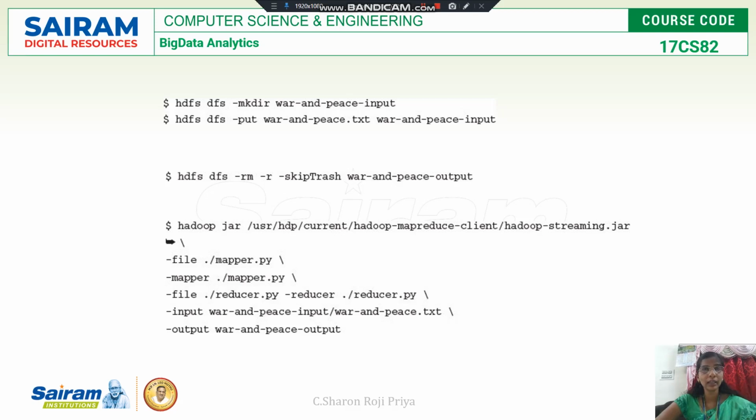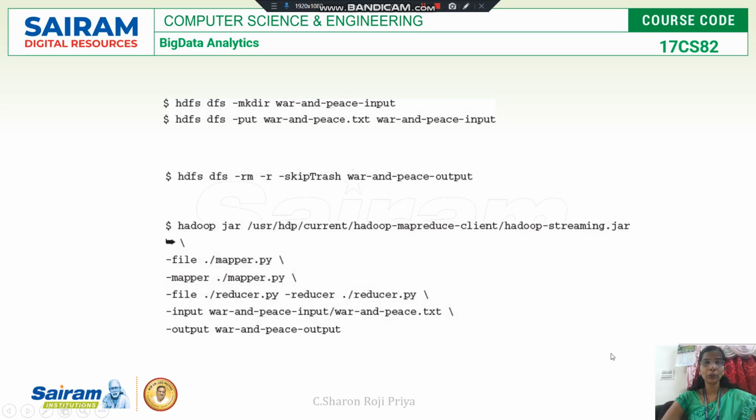If it is already there, that is the output directory from the previous execution, so you have to remove it using the remove command. The remove command is used to delete the directory, -r is for recursively deleting all the subdirectories, and -skipTrash is for permanent delete.